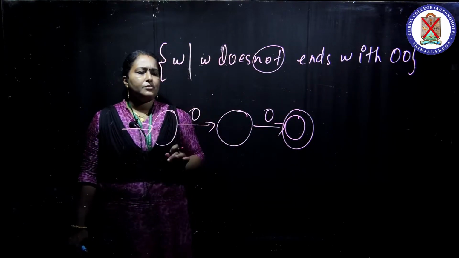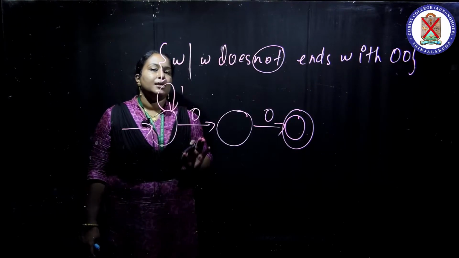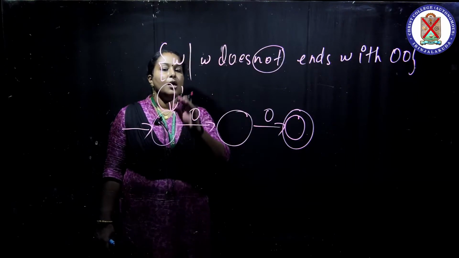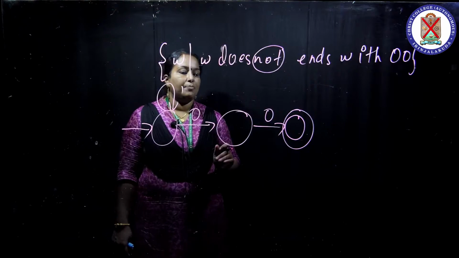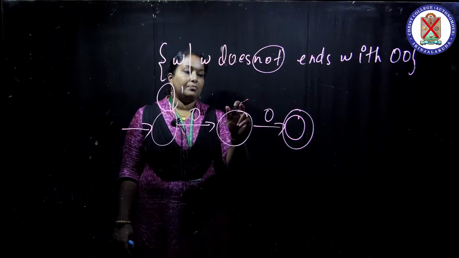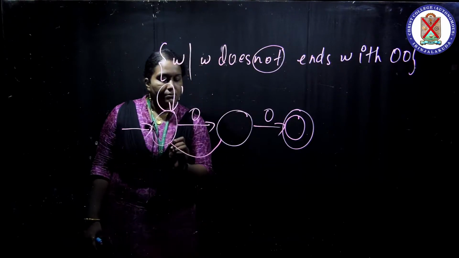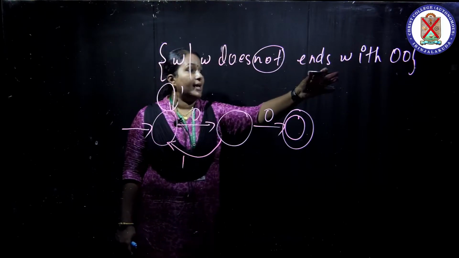In that lecture I have already said that 1 is looped here, because it does not matter whether it comes or not, it is not a problem. We can bypass it. Here if 1 comes, it will be a problem. So better to backtrack into the first state because it is an ends-with condition.